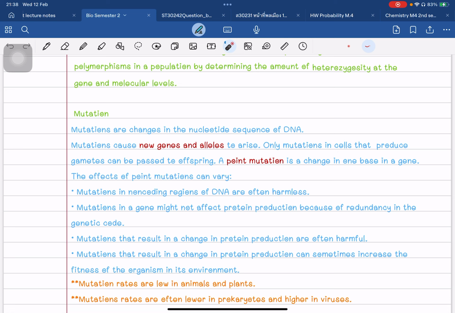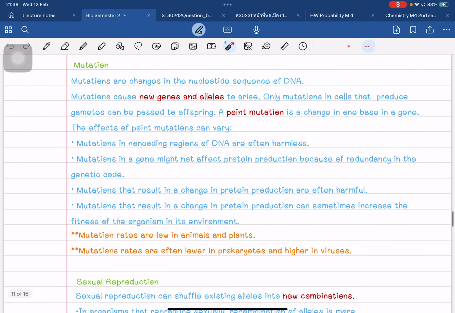First, mutations in non-coding regions of DNA can often be harmless, and mutations in genes might not affect protein production because of the redundancy in the genetic code.